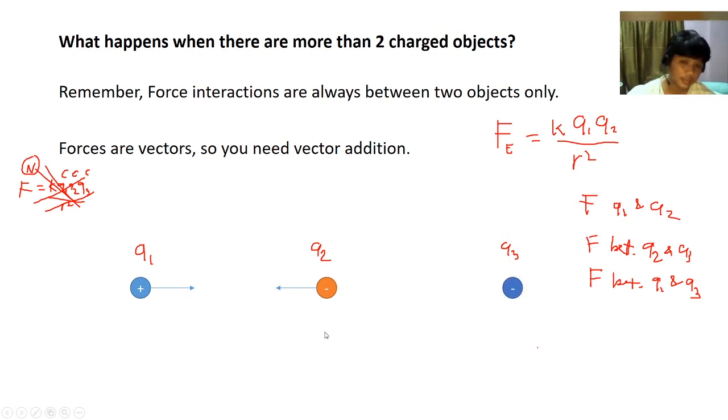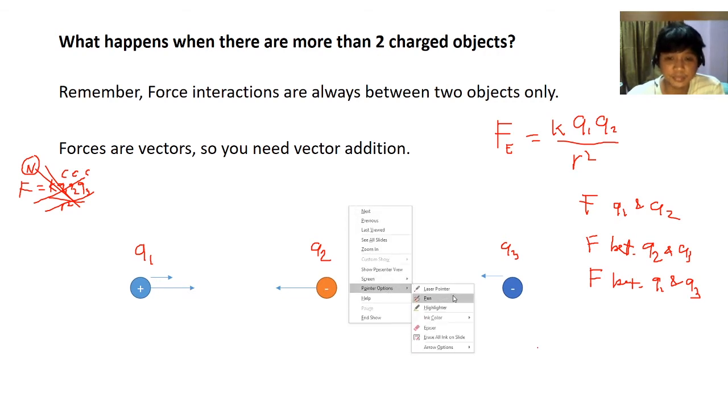And if you pretend that Q2 doesn't exist, you can now look at Q1 and Q3 and you'll see that they will also attract, but the force is much smaller now because they are farther apart. So you can also pretend that Q1 doesn't exist and then Q2 and Q3 will interact, they will repel each other.